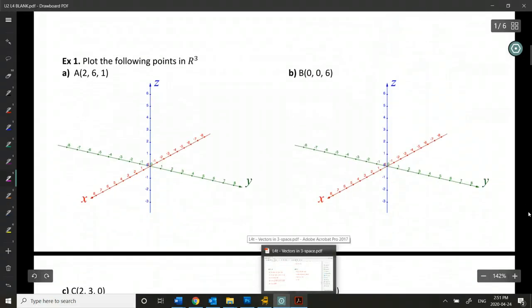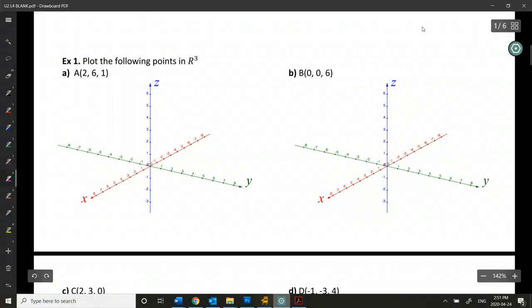Okay, let's plot some points. Let's try 2, 6, -1. We're going to go out 2 on the x-axis, over 6, keeping it parallel to the y-axis here. Not a great line, but you get the idea. And then we're going to go down 1 unit, and there's our point.